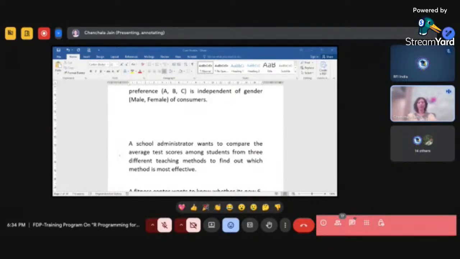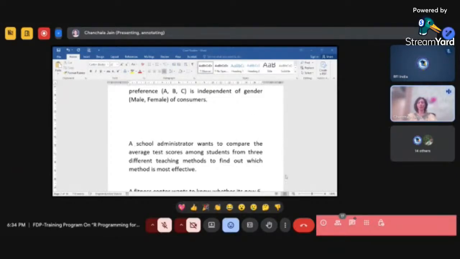That is clear, right? Now how many different teaching methods do we have? Three, right? So suppose I am taking 10 students from each method. I have their scores, so I can compare the average marks. Is it fine? So it is a case of one-way ANOVA. Is it clear now, Hari sir?